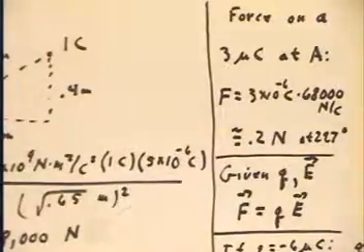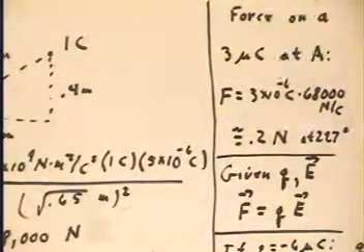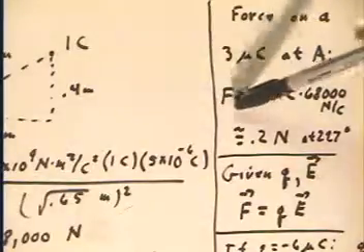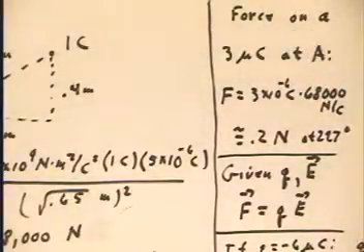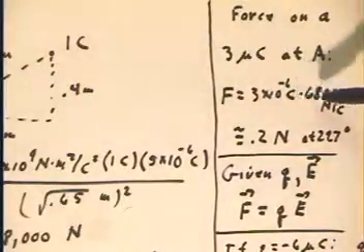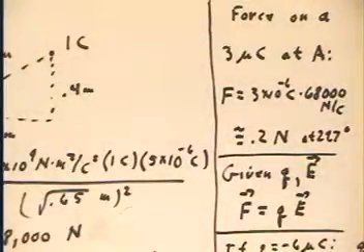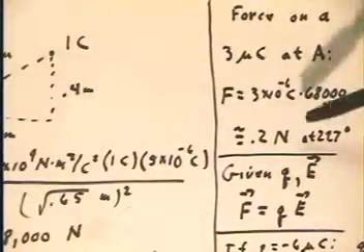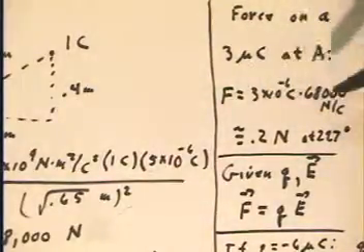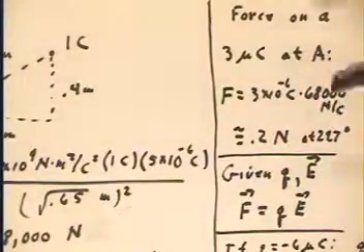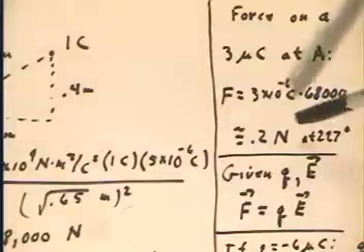Okay. If we put a 3 microcoulomb charge at A, then what's the force going to be? Well, it's going to be 3 times 10 to the negative 6 coulombs, which is our 3 microcoulombs, multiplied by the number of newtons per coulomb, which we calculated to be 68,000. So when we multiply these numbers, we get 0.2 coulombs times newtons per coulomb, certainly going to give us newtons.